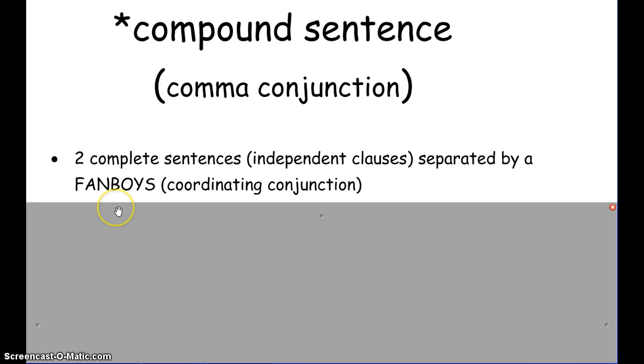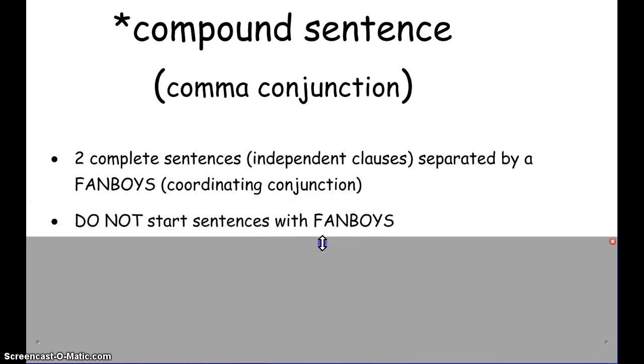Now we've talked about you can't go to college and say, oh yeah, my 7th grade teacher taught me about fanboys, because they'll think you're crazy. The correct grammatical term for that is coordinating conjunction. But this helps us remember that for, and, nor, but, or, yet, and so are the most common coordinating conjunctions that we could use to combine two ideas together.